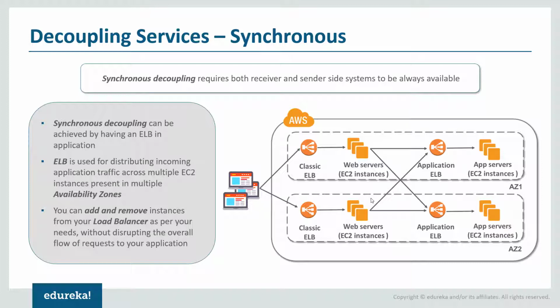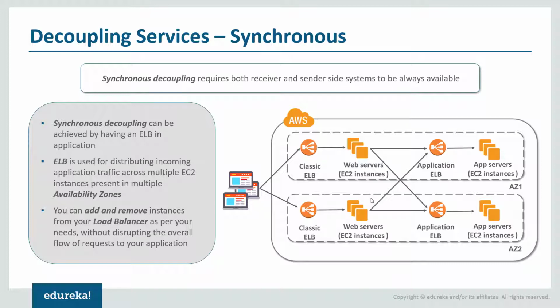We have placed a Classic Load Balancer before the web server, and between the web server and the application server, an Application Load Balancer. This is in a single availability zone. The same has been replicated into a different availability zone to ensure my application is highly available, fault tolerant, and resilient.